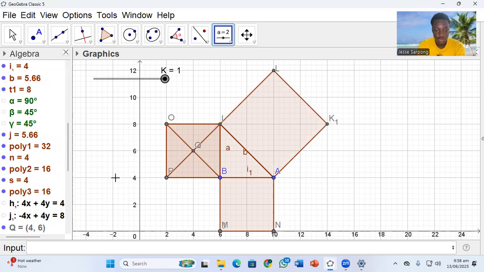The next thing I want to do is connect my slider to this square I have.